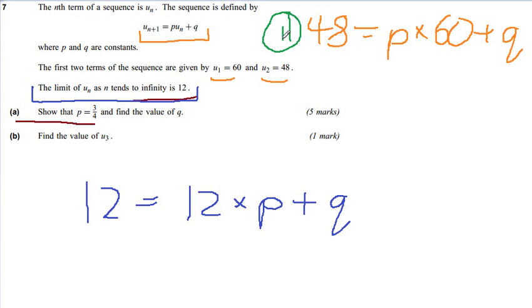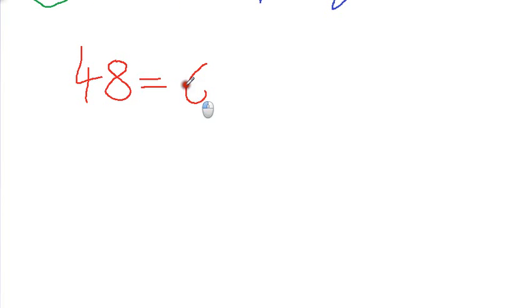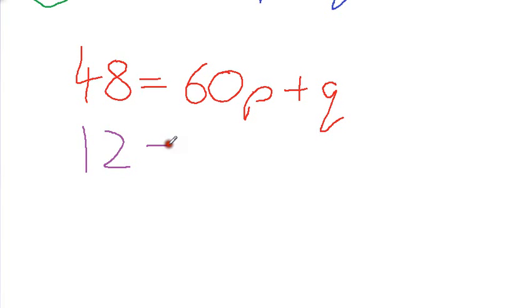There's number 1 and there is number 2, and we can use those to find out what P and Q are. So let's write them a bit more neatly down here. We've got 48 is equal to 60P plus Q. And our second one, 12, is equal to 12P plus Q. So what shall we do with these?